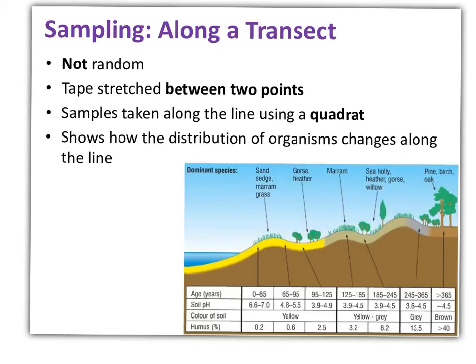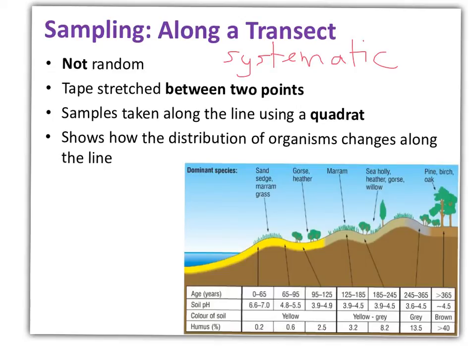Okay, we don't just have to use random sampling, we can also use a type of sampling called systematic. And this is where you might be looking at changes between 2 points.